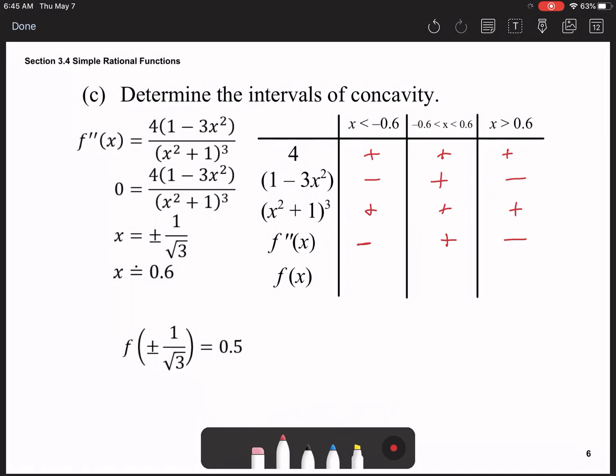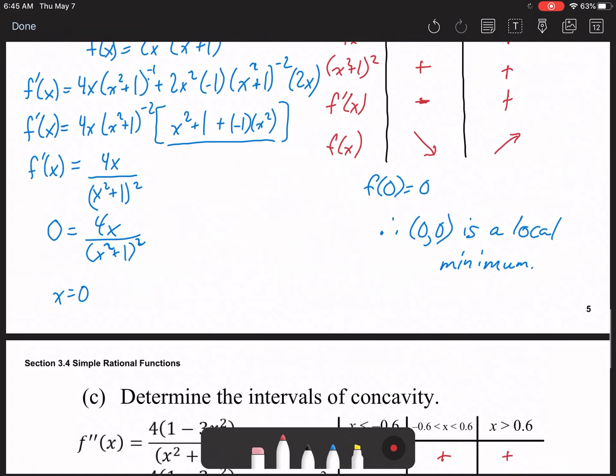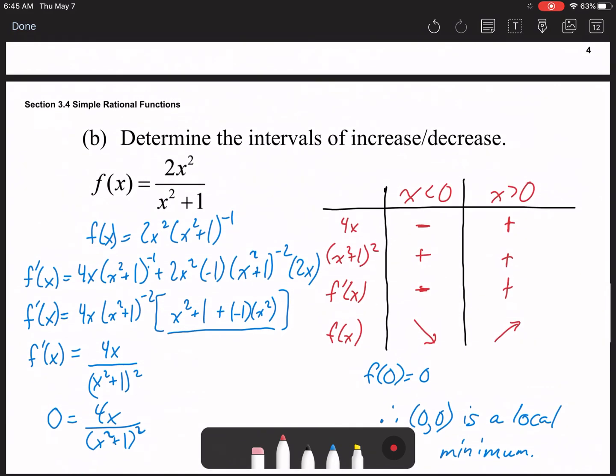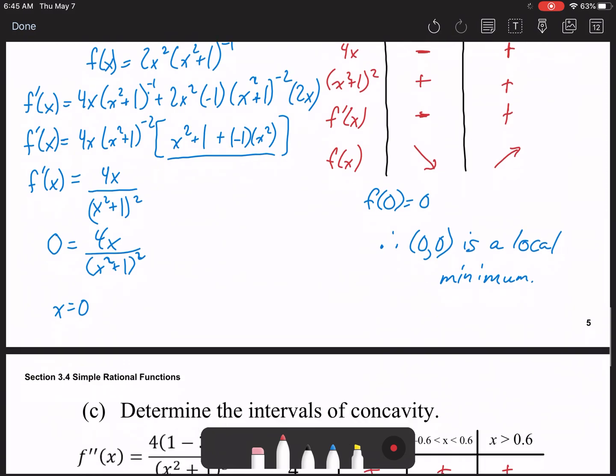So let me use some shapes here. I'm going to use this shape for concave down. Also, because I know it's going to be decreasing in this area, x being less than negative 0.6, I'm going to use that shape. Now, because in our previous problem, we know that it goes from decreasing then to increasing.